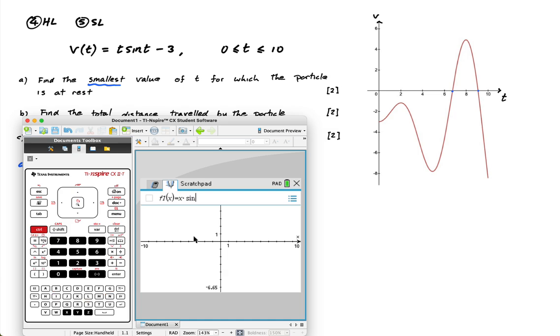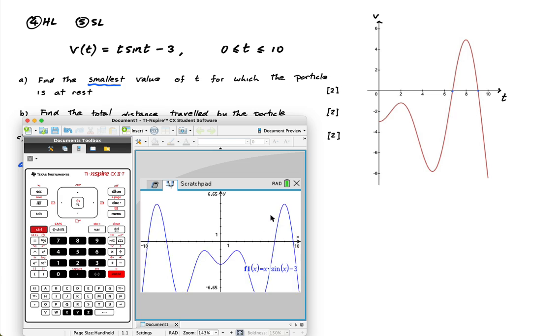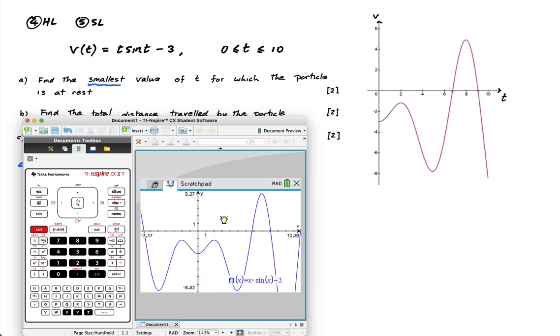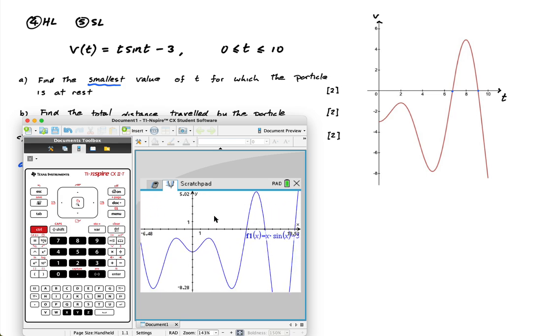So it's x sine of x minus 3. Make sure you write it in properly, guys. Sine you can find in this place here as well. And it looks like this. Just make sure it looks like this graph. It should look the very same. Obviously, the scale is a bit different, so you can see the negative values a bit more over here, but generally it's the same. It goes up, down, up, down, up, down, up, down.